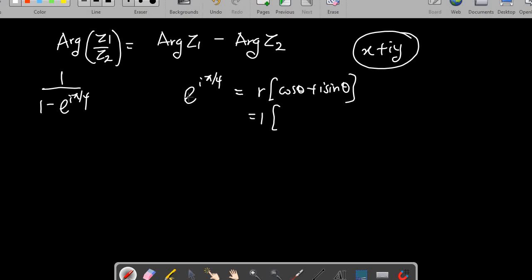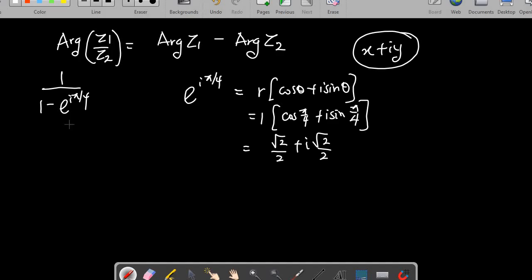How did I know? There's just 1 behind this. Then theta is pi over 4. That will be cos pi over 4 in radians plus i sin pi over 4. Sin pi over 4 and cos pi over 4 are the same thing, which is 1 over root 2 or root 2 over 2. So root 2 over 2 plus i root 2 over 2.